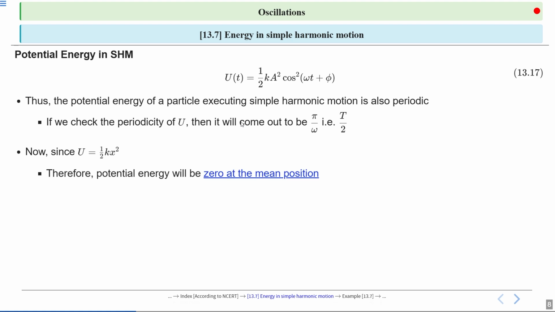At the mean position, where x equals 0, the potential energy is 0. This is because the spring is neither stretched nor compressed at this point. Note that this is the position where all the energy is kinetic and none is stored as potential energy.